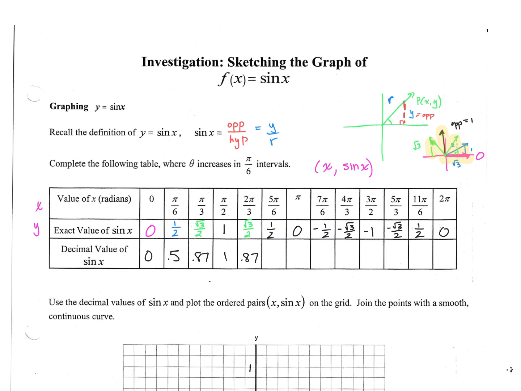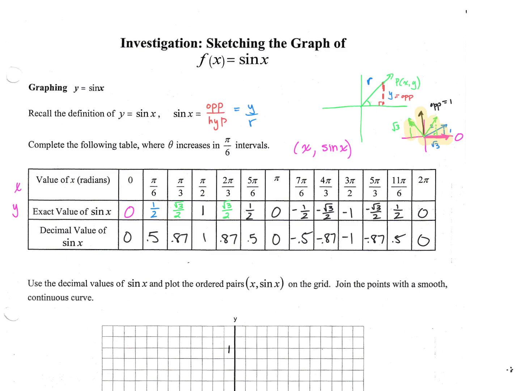Okay, so now let's just write those out as our approximates. And then our next step will be to sketch them. So I'm just going to move this up so we can see all of that.